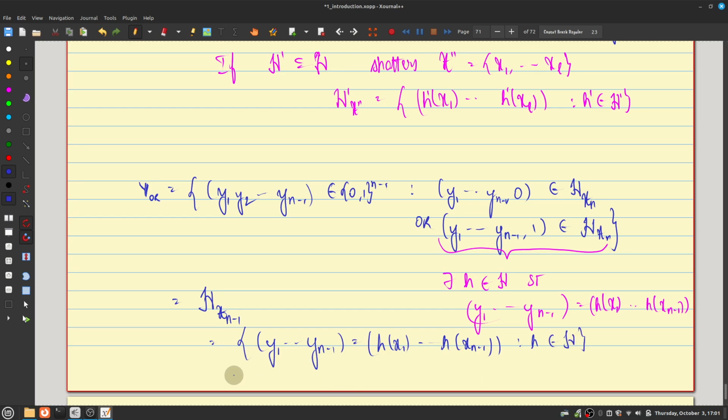Suppose y1 through yn minus 1 belongs to this set, which means there is some h such that h of x1 through h of xn minus 1 equals y1 through yn minus 1.